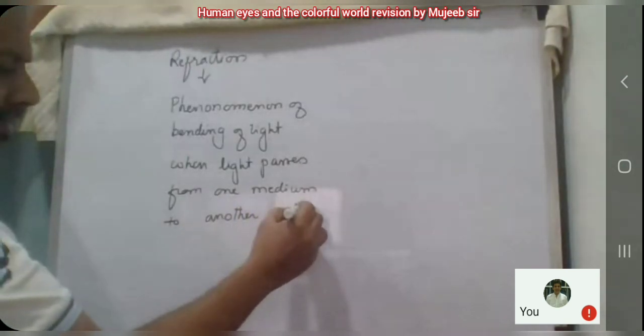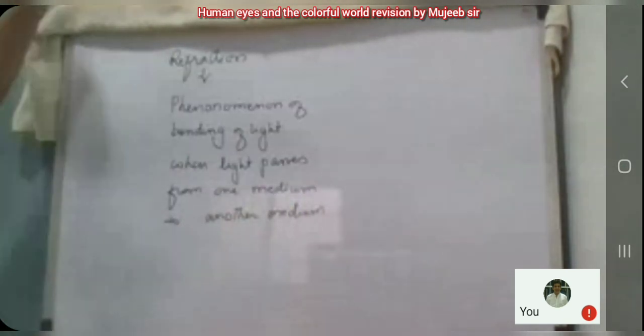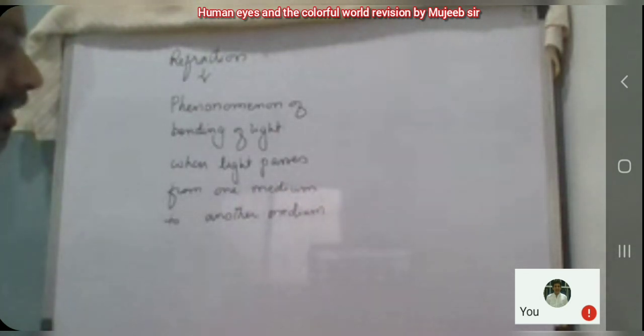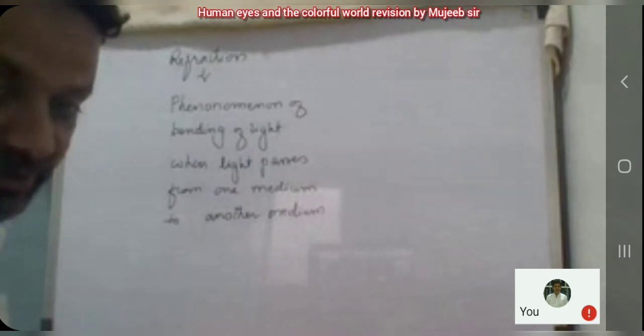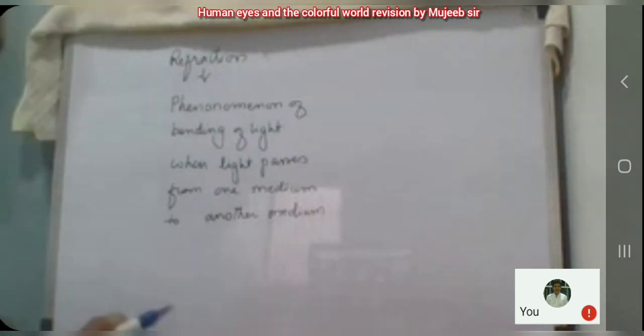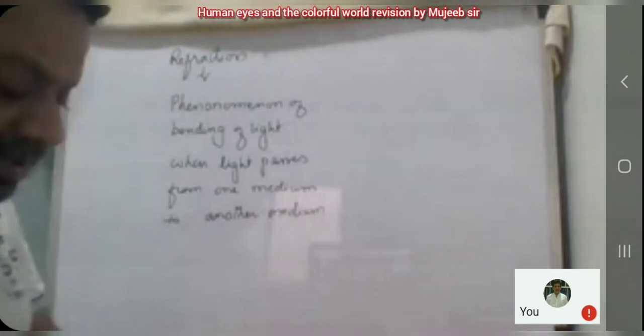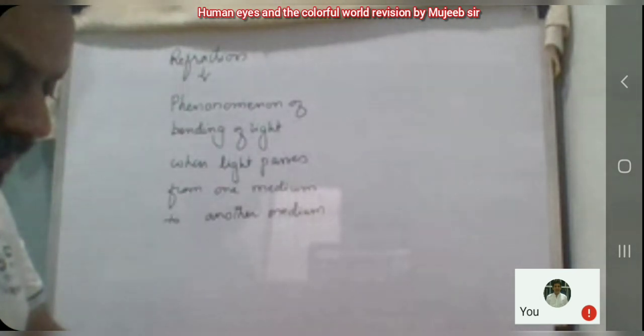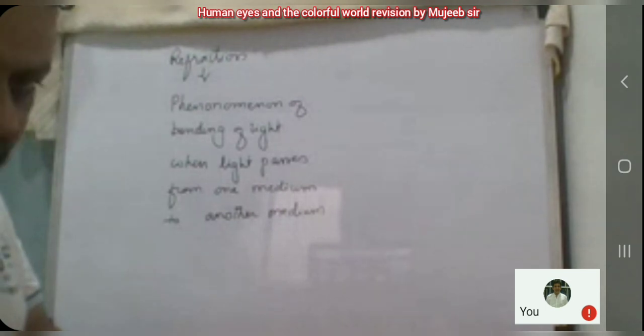And why does this bending happen? This bending happens because the velocity of the light changes in the different medium. Why does the velocity of the light change? Because the wavelength of the light changes as it passes from one medium to another medium.